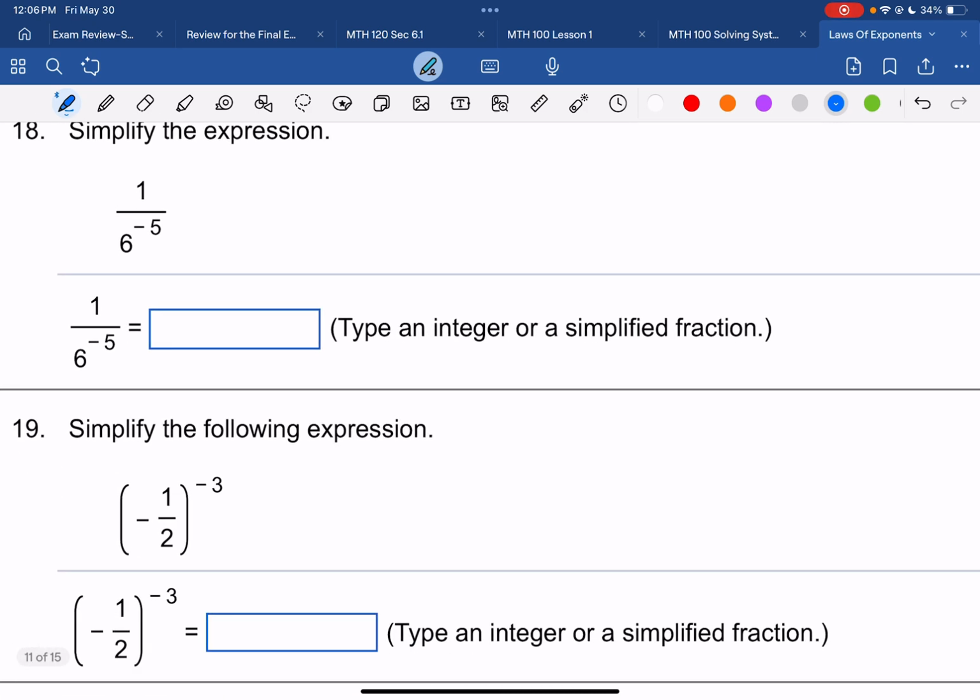1 over 6 to the negative 5. The 1 is going to stay. The 6 is going to the numerator, becoming a positive exponent 5.